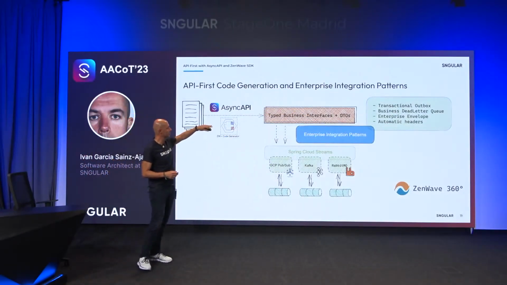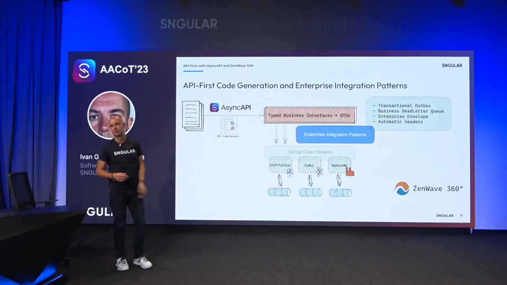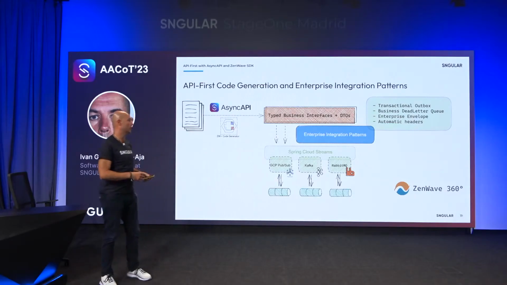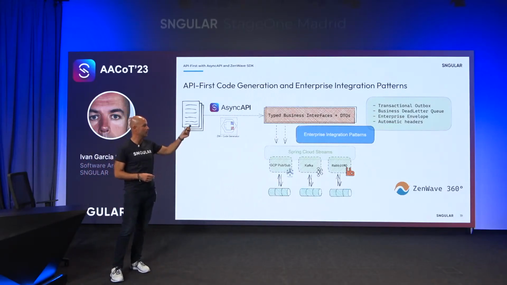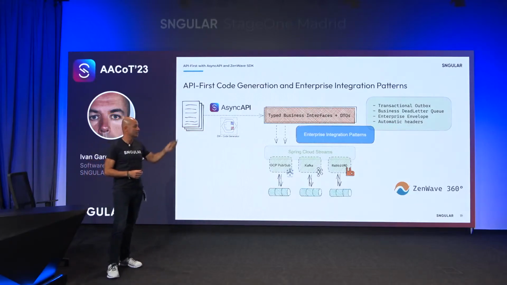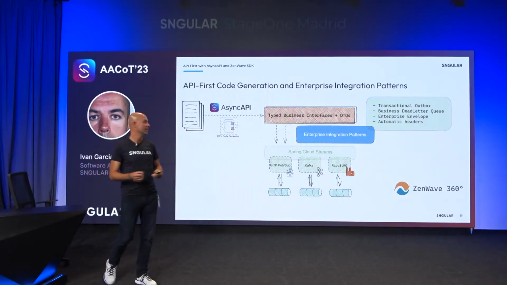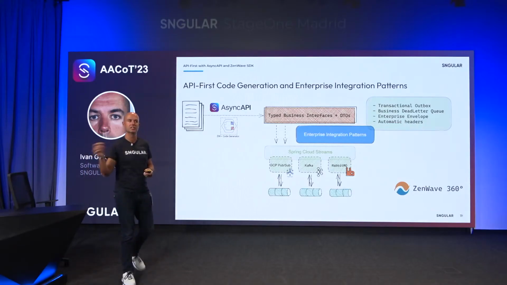Because you are using just a Java interface, we can generate some code for some enterprise integration patterns, like a transactional outbox. We can do some exception handling for you. We can create an enterprise envelope, and this last one is very nice because we can fill the value or some headers for you automatically just with configuration in the AsyncAPI file.